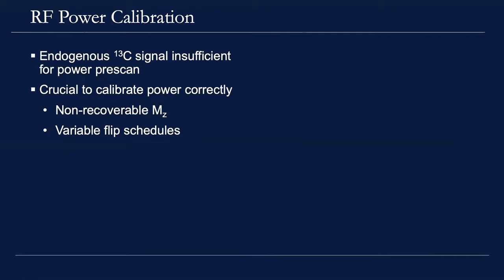So what are some ways to calibrate that RF power? What can we do? We can use the carbon phantom again, right? That's the easiest way. It's already there. But you could argue that that's a point source, right? And depending on if you have a surface coil or not, that B1 field will vary and can be tough to calibrate. So is there any other way we could potentially do this? Something other than B1 mapping?